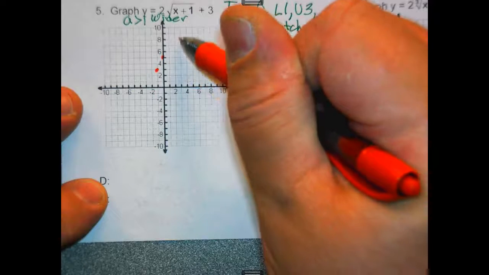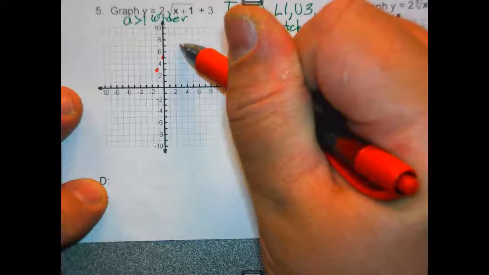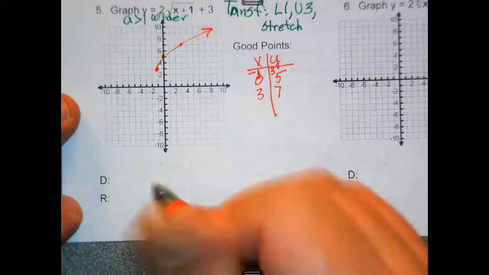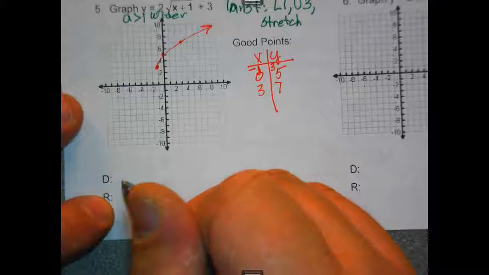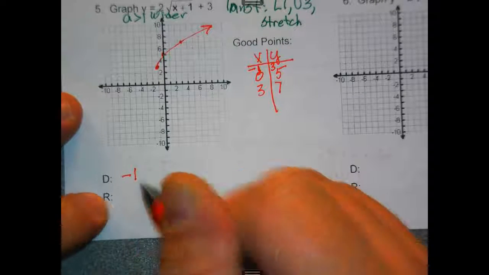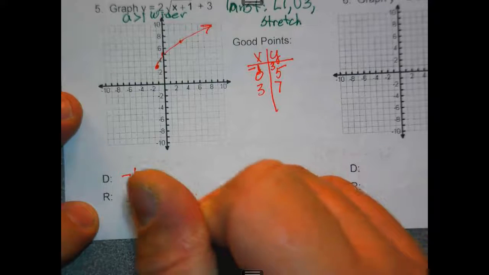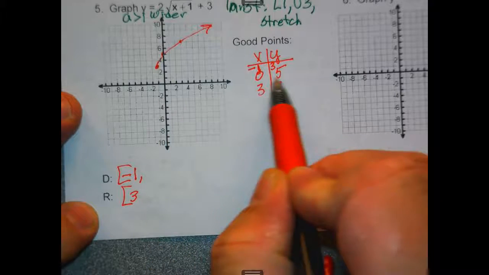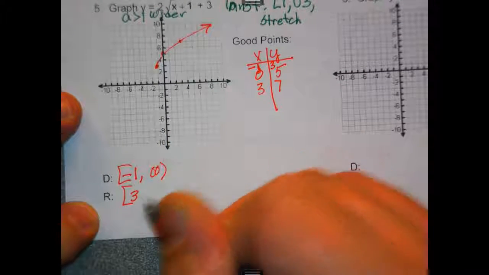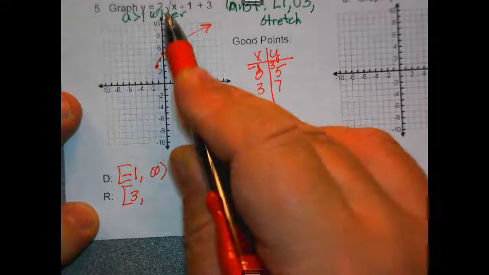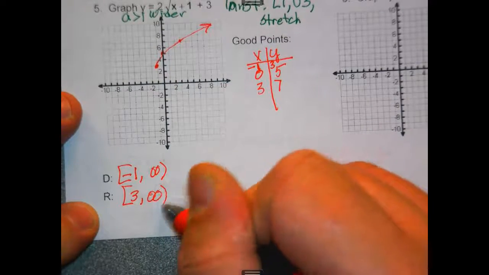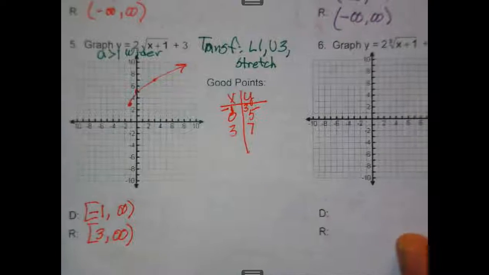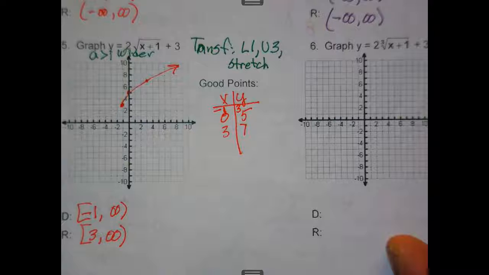Do you see how it stretched it? Domain is going to be my h, which is negative 1. My k is 3. Let's see, this is going for the x value. It's going to positive infinity. For the y value, positive infinity. But that one was actually pretty easy.